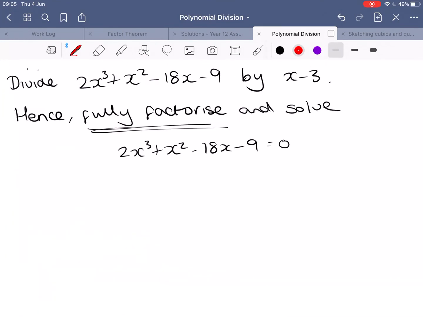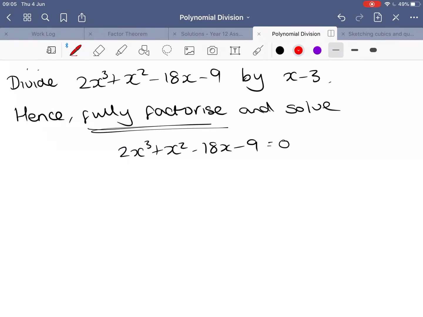Okay, right, next step is sometimes they'll take it a little step further and they'll say divide 2x cubed plus x squared minus 18x minus 9 by x minus 3 and fully factorise and solve. Okay, now I'm not actually going to do this because I'm going to do this next lesson with you.